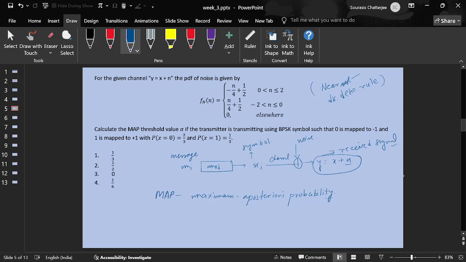When I talk about a posteriori, it means basically we know Y. Y here is our observation. So now we want to know the probability that X is transmitted.